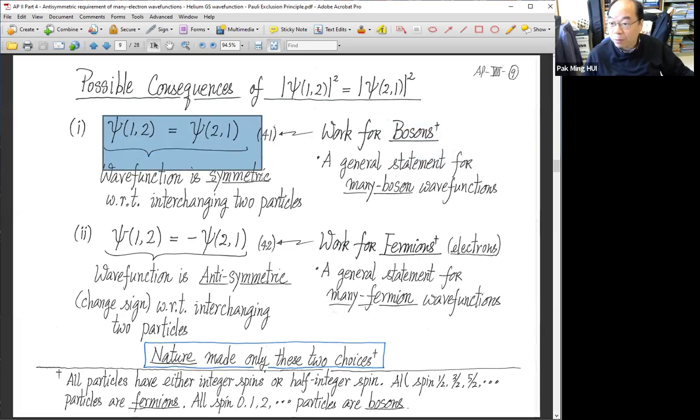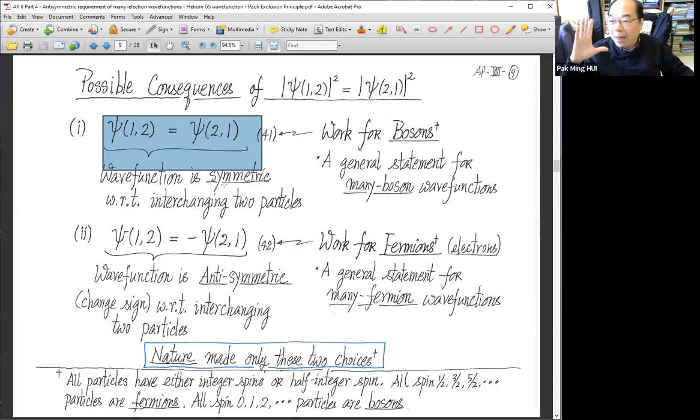Okay, now that has a profound consequence. So if you have a gas of rubidium atoms, for example, and you cool it down to very low temperature, as in Professor Wang Dajun's laboratory, something called Bose-Einstein condensation occurs. And that has to do with this requirement for bosons.